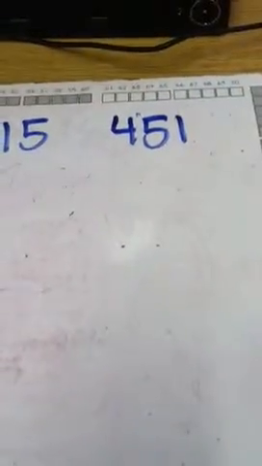So let's take a look at a sample problem here really quick and look at how this would look. So I'm going to put, right now, 4 numbers on my board here, and I'm just going to write them across the top. Okay, so I have 415, 4,115, 4,515, and I have 451.